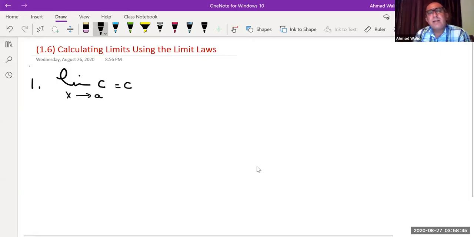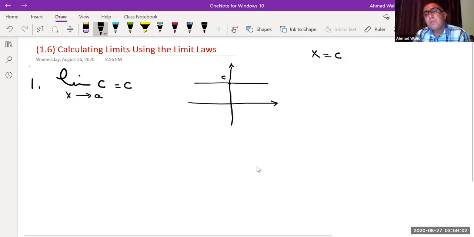Why? What does it mean? Let's see a graph. Remember when you have the graph of y equals C from algebra, it always gives you a horizontal line, correct?